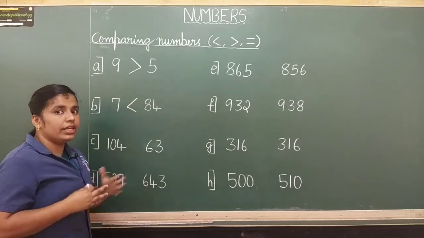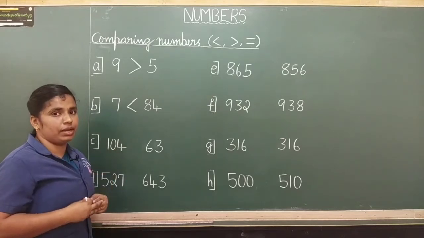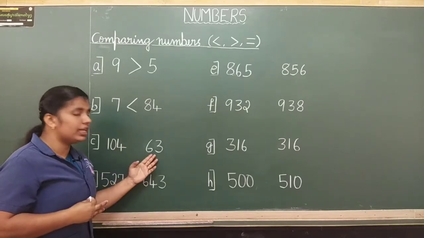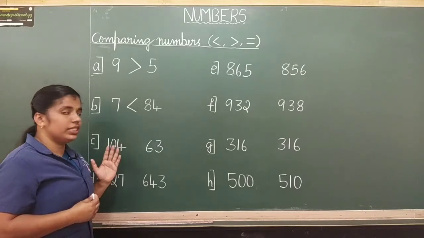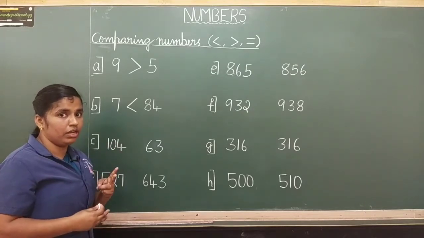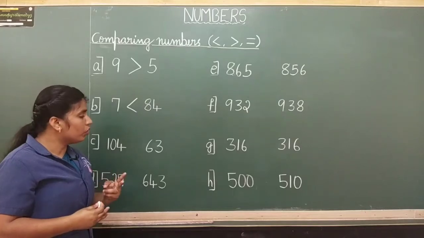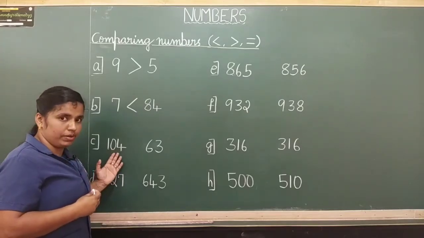104 and 63. Here 104 is a three digit number and 63 is a two digit number. A three digit number is greater than a two digit number. In the same way, a two digit number is smaller than a three digit number.